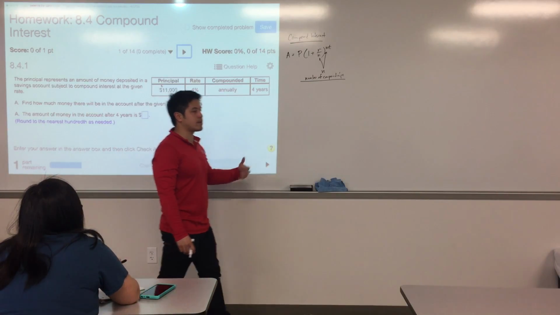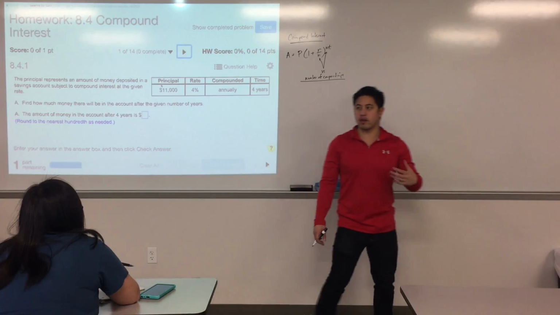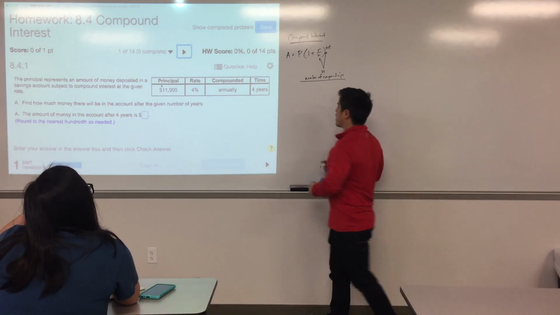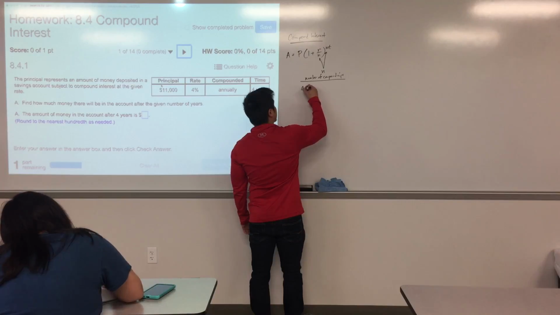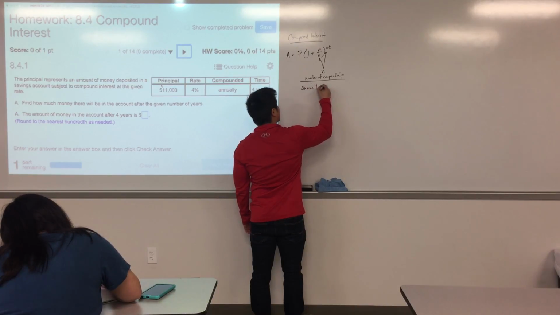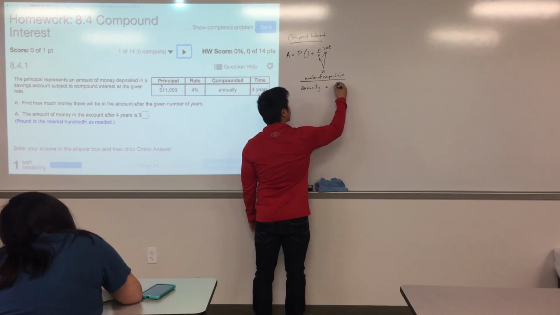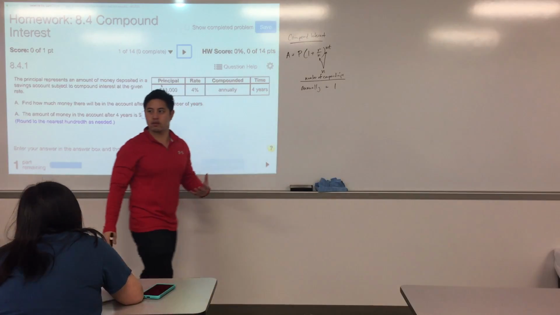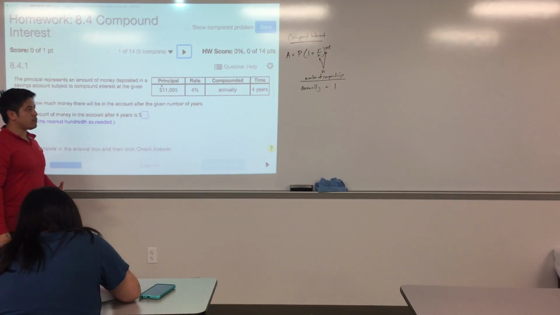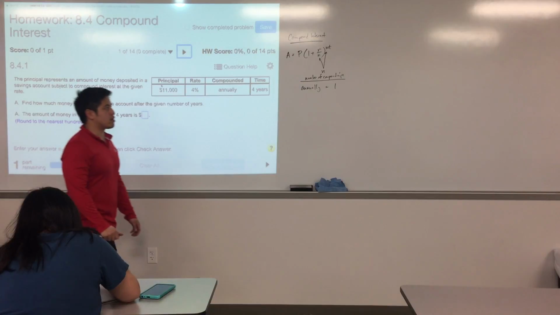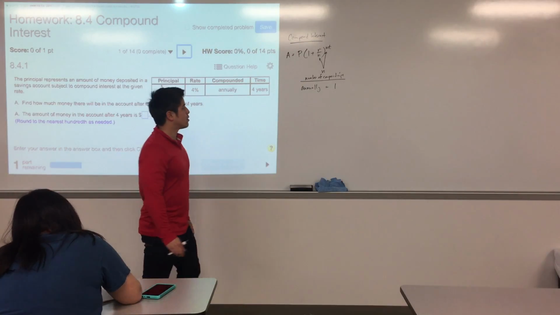There are several ways that you can get your interest applied. You can have your interest applied annually, which means that your n is 1. You get it once, okay? And that essentially amounts to simple interest.